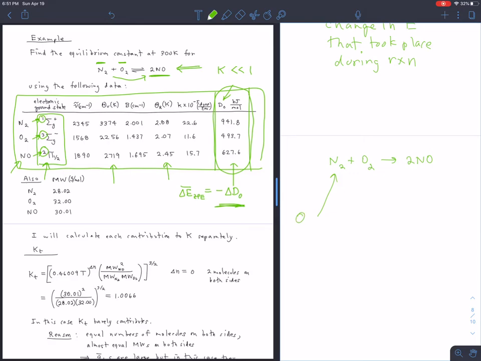So a nitrogen atom here and a nitrogen atom way far apart, that's taken to be the zero of energy for the nitrogen. Take the oxygen, break it apart. So an oxygen atom here, an oxygen atom there, and there's an infinite distance between them. That's taken to be the zero of energy for O2. And likewise for the two nitric oxide molecules. All of those also separated to infinity.